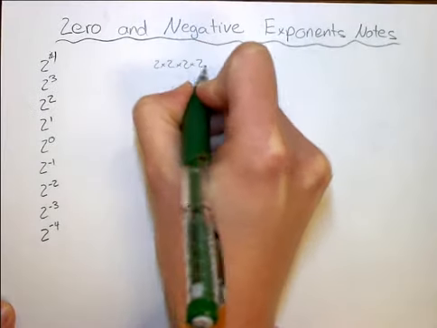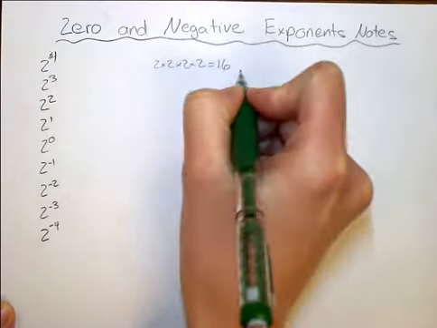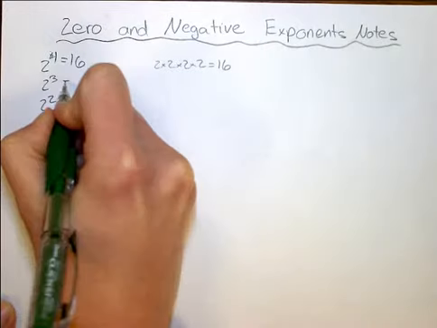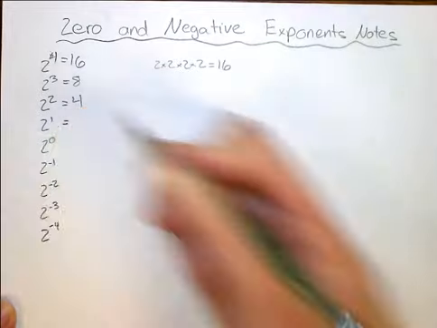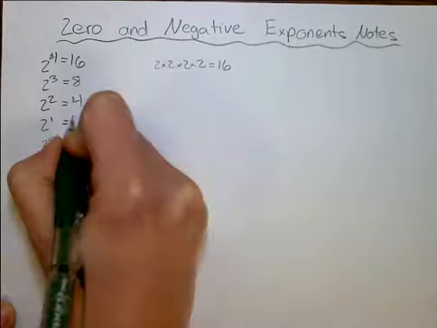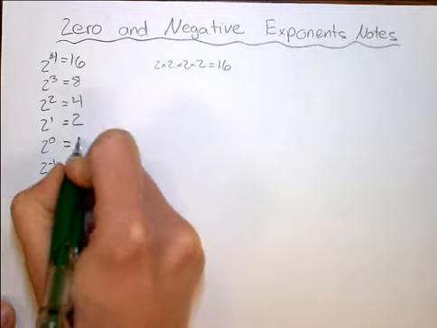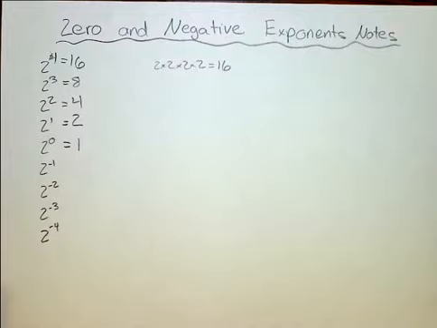2 multiplied together 4 times, and this is actually 16. So we have 16. 2 to the 3rd is 8. 2 squared is 4. 2 to the 1st power is just plain 2. 2 to the power of 0 equals 1. And here is where we get into a little bit more.